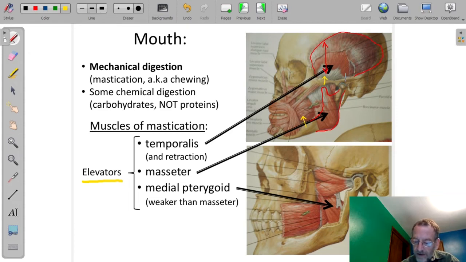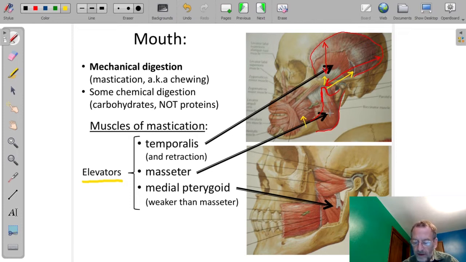So some of these other muscle fibers, these posterior fibers, are running in this direction. And they're still inserting on this coronoid process of the mandible. And when those muscle fibers contract, they pull the mandible backward in reverse. So they're involved with retraction of the mandible.